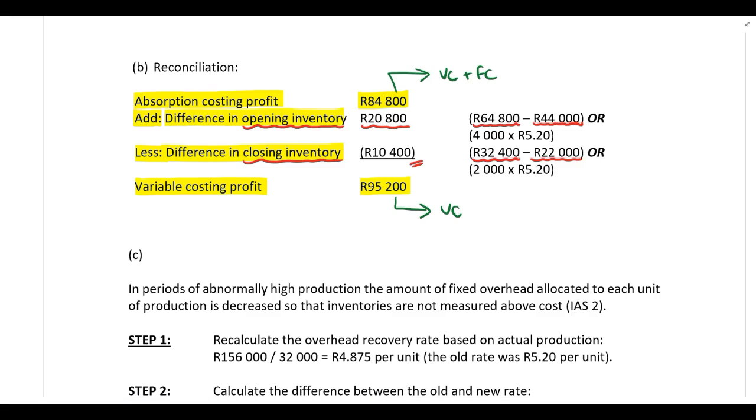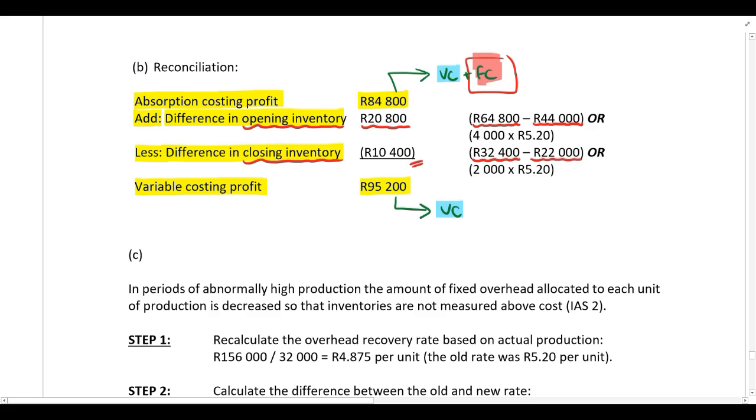So both of these take our variable production costs into account, and the only difference between the two approaches is our fixed production costs. With absorption costing, we include our fixed production costs in the cost of inventory. With variable costing, we expense the fixed production costs in the period incurred.